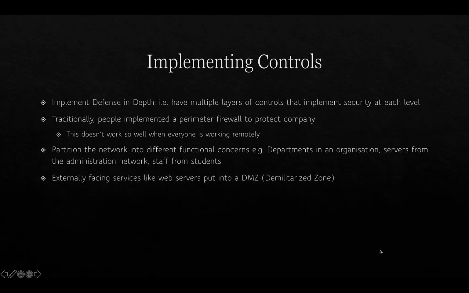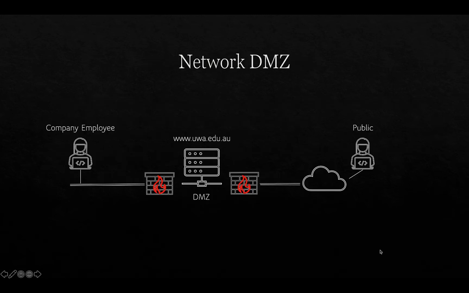Externally facing services like web servers can be put into what is called a demilitarized zone, which is essentially something that's protected by a firewall on the outside and a firewall on the inside that then allows the web server to get certain traffic from outside, but not to then access other protected assets internally.